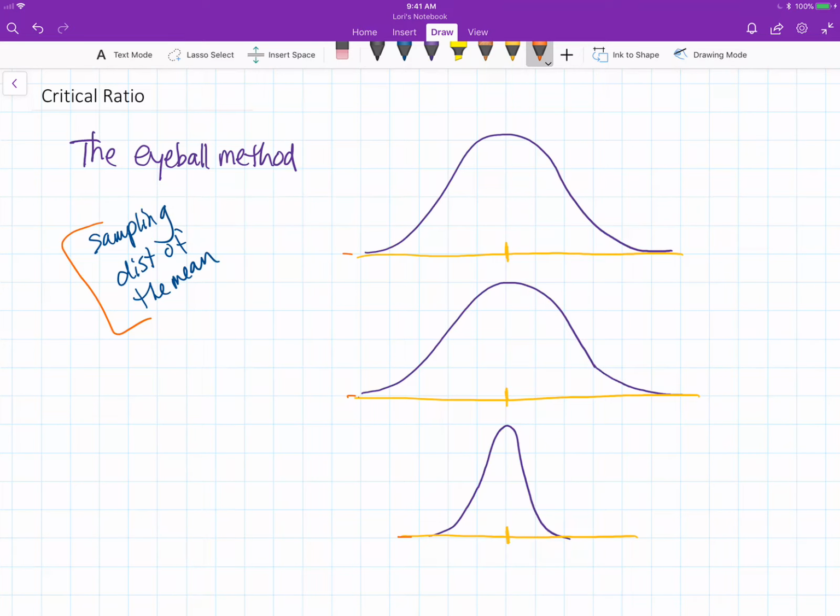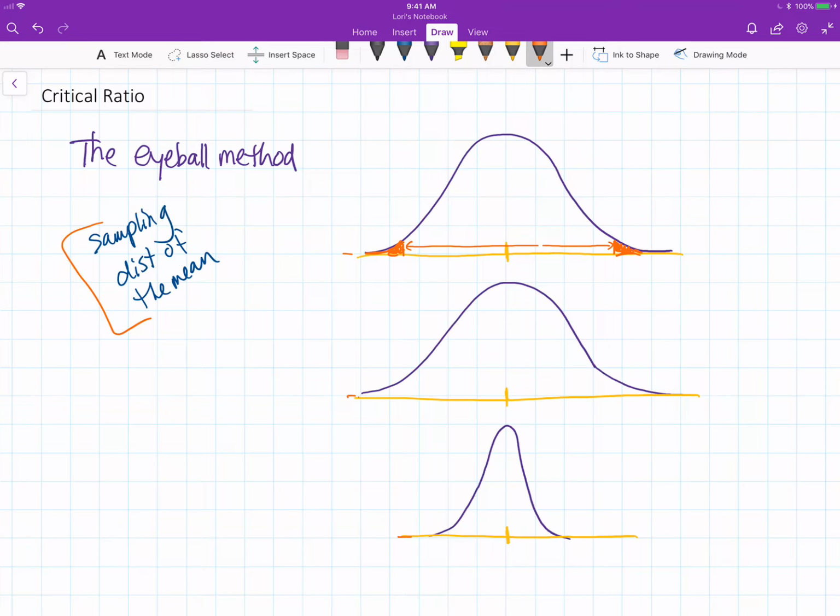And let's just imagine, if you would with me, that we're looking at the 95% confidence interval, so out here in the tails, this is outside of that 95%, and everything in between is within the 95% confidence interval of the mean.